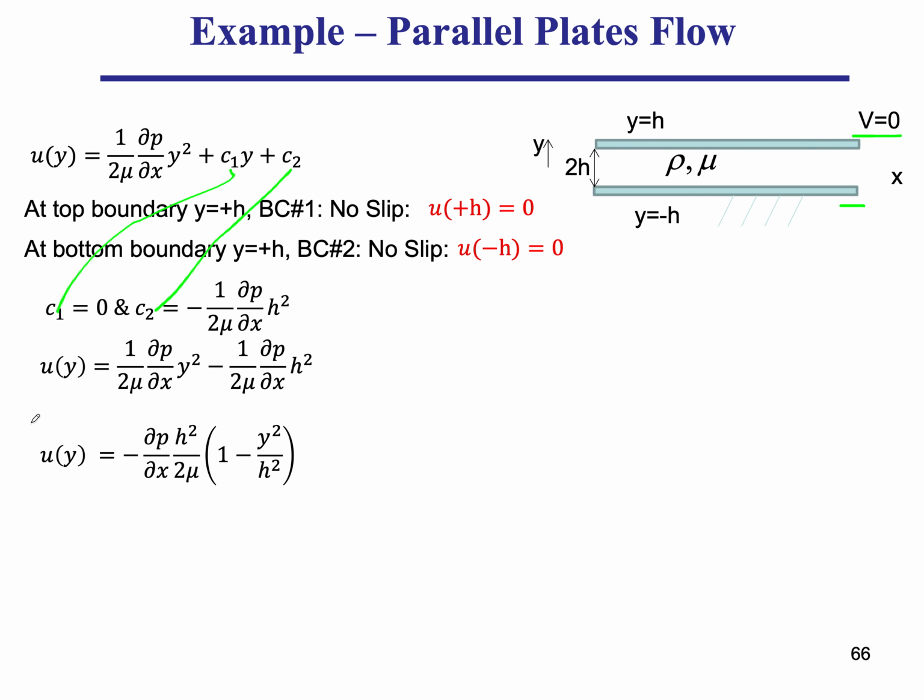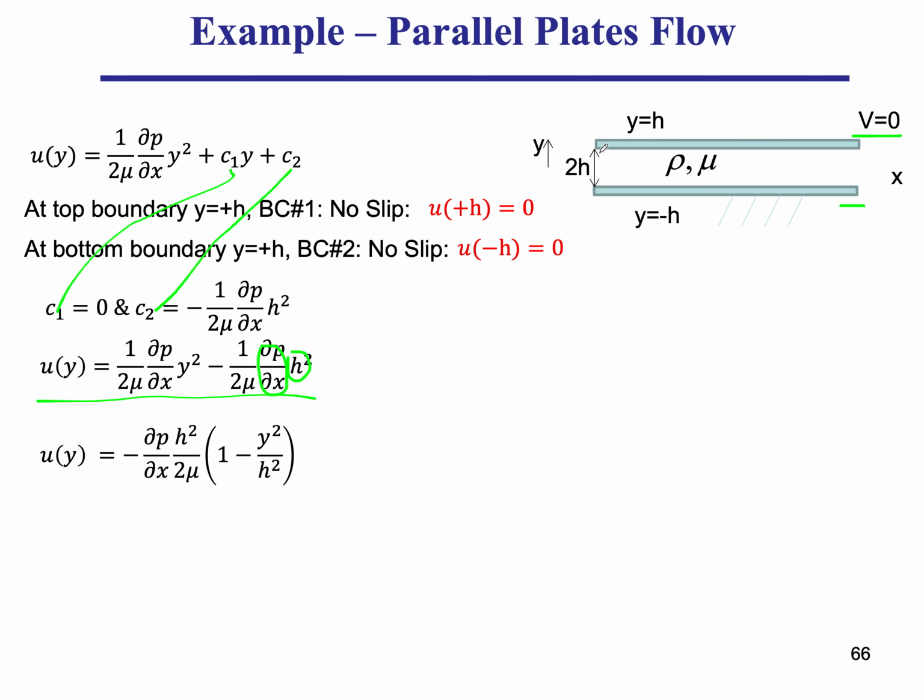And now we find the velocity distribution. And let's talk about this. If we try and simplify it, we'll take the dp/dx is constant, the h is constant, and the viscosity is also a constant. So we'll take it as a common denominator, and I take a minus dp/dx.